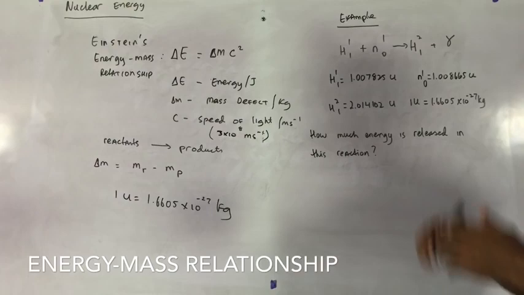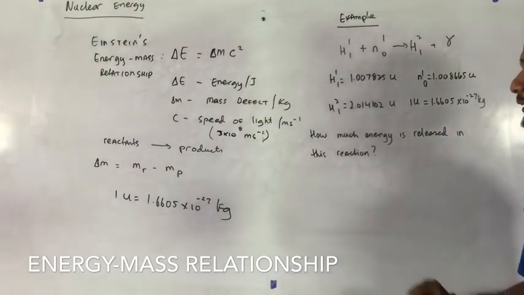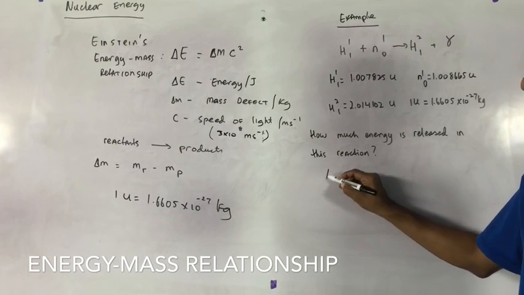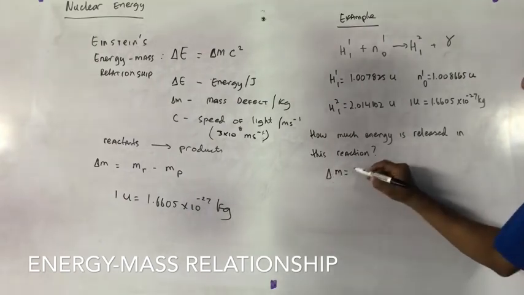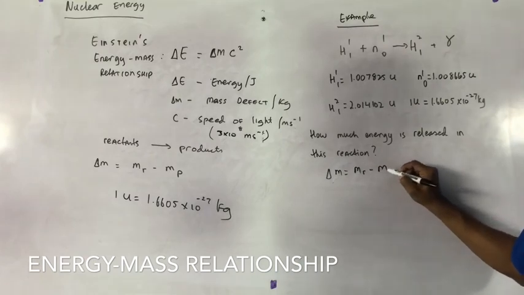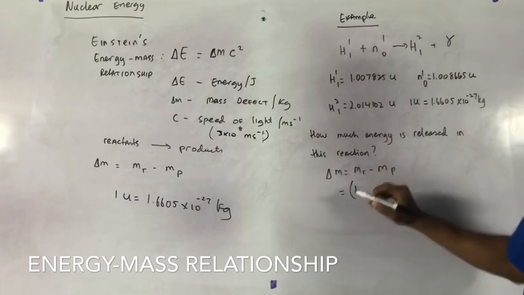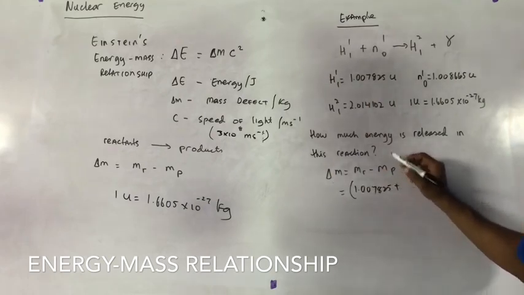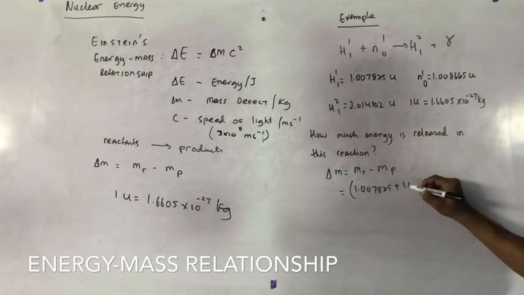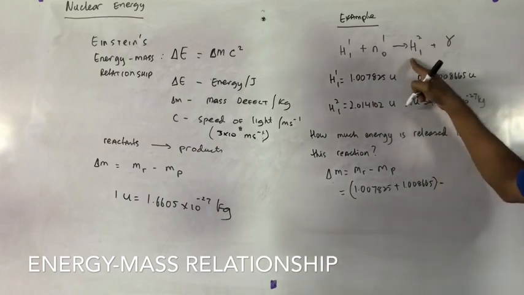So we all know, in a reaction, what we need to use is E is equal to mc squared. The first thing we need to do is to find the mass defect. The mass defect is the mass of the reactants minus the mass of the products. So the reactants are what? A hydrogen atom, 1.007825, plus a neutron, 1.008665, minus the mass of the product, which is only this.